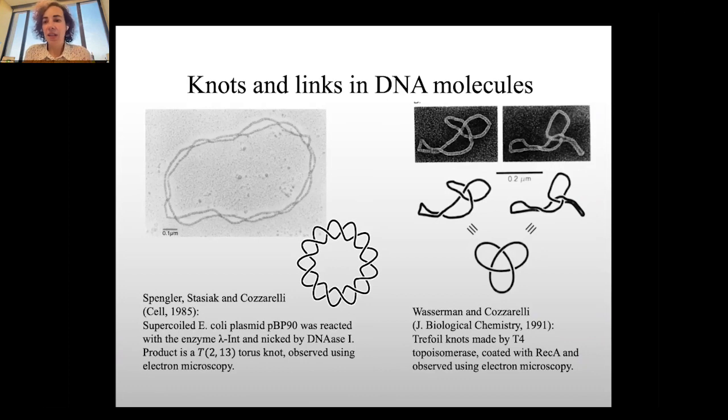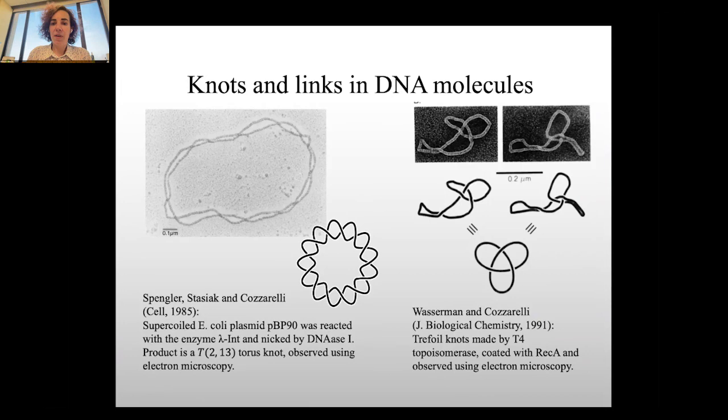So in this next slide, there are 2 images from the early 90s and the 80s of knots that were observed in experiments. The image on the left shows a T(2,13) torus knot that came out of an experiment in which a site-specific recombinase, which is a type of enzyme, mediated a reaction and produced this knot in a plasmid of E. coli.